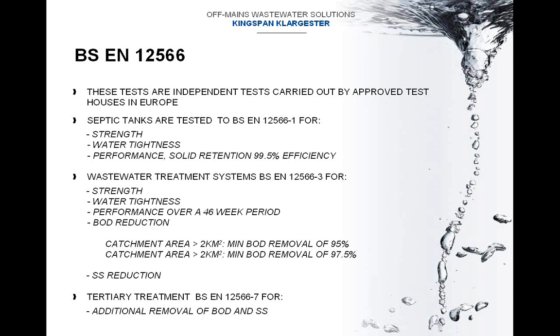These tests are independent and carried out by approved test houses in Europe. Septic tanks are tested to BSEN 12566 for strength, water tightness, performance, solid retention to 99.5% efficiency. Wastewater treatment systems in BSEN 12566 are for strength, water tightness, performance over a 46-week period, BOD reduction, and suspended solids reduction.